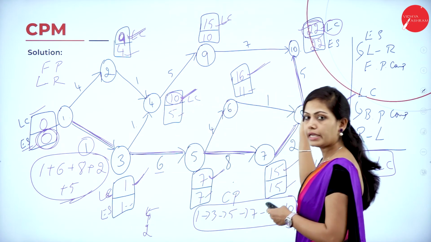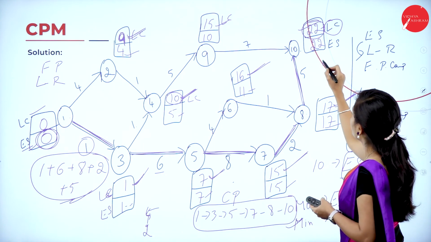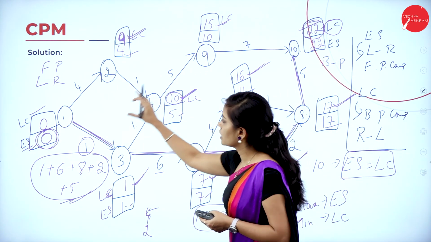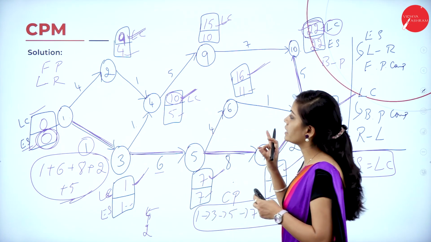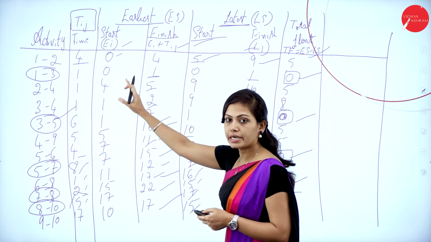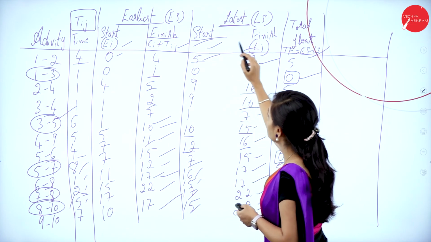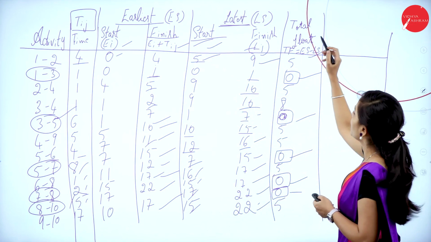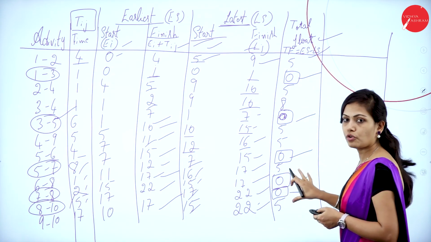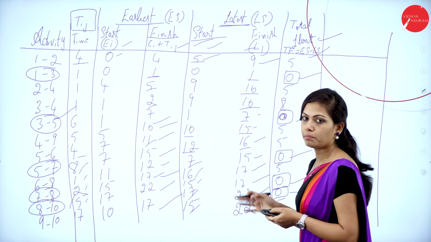And for finding the latest completion time, that is LC, you have to use backward pass computation from right to left. So once you got the earliest starting time and latest completion time, you have to find the earliest starting time and earliest finishing time and latest starting time and latest finishing time, and you have to find the total float. So once you got the total float, easily you can find the CPM, critical path method.